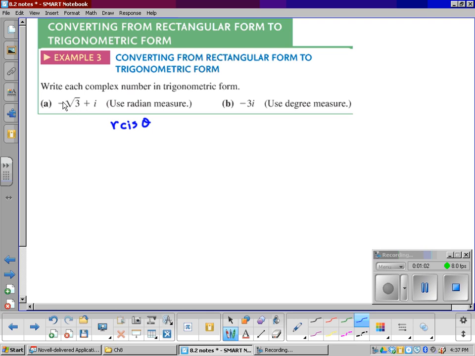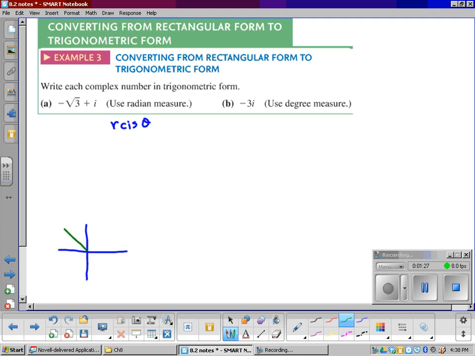So we just want to sketch this first complex number here. We just need a rough sketch which tells us what quadrant it's in, so we don't actually need an official graph here. If we go in the real direction, negative square root of 3, then that's going to be over here to the left, and then we're going to go 1, a plus 1 in the imaginary direction.